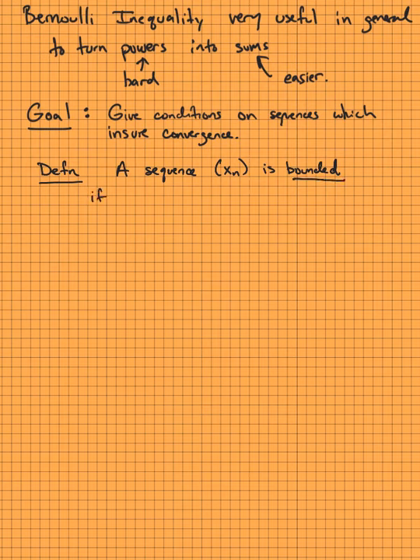So if there exists some alpha in R, so that the absolute value of Xn is less than or equal to alpha for all n in N.